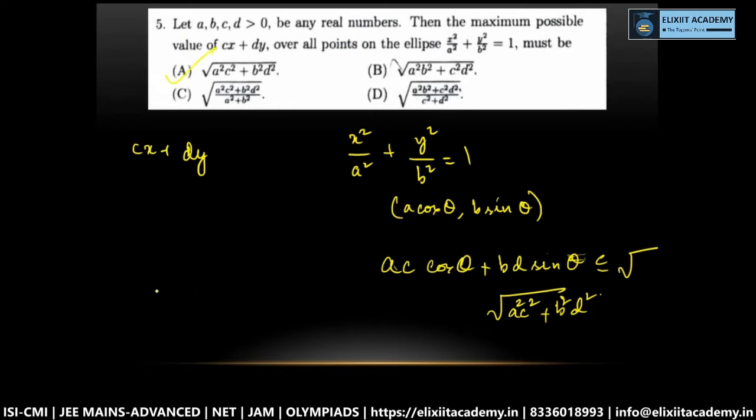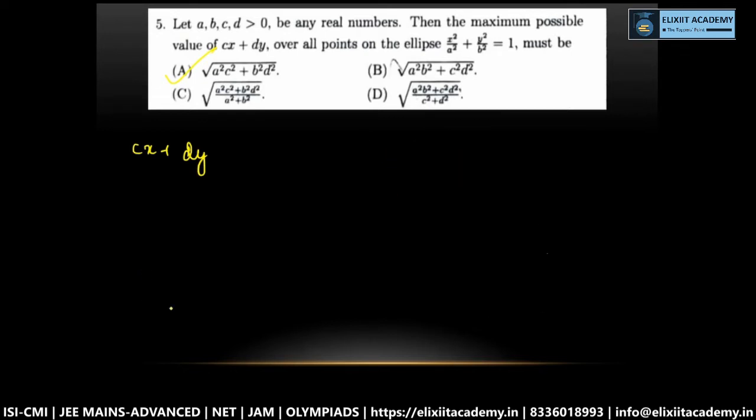There is one more method, and that would be a more accurate approach. You can write this cx plus dy using the Cauchy-Schwarz inequality.